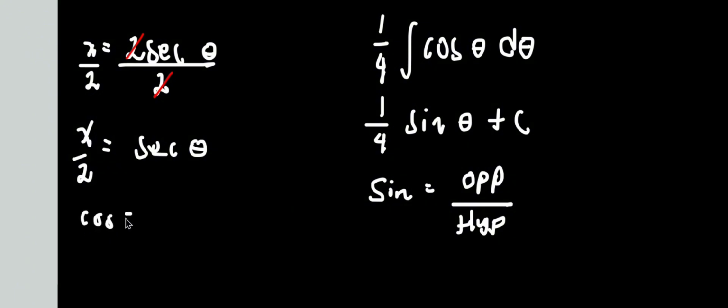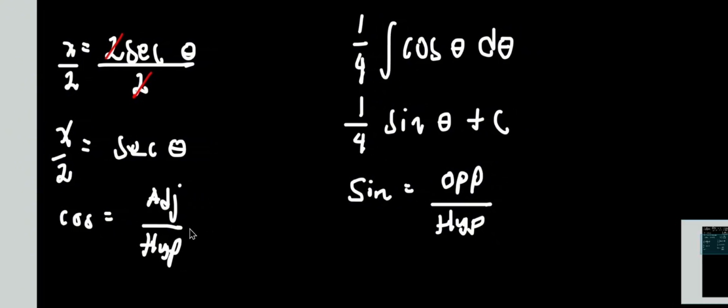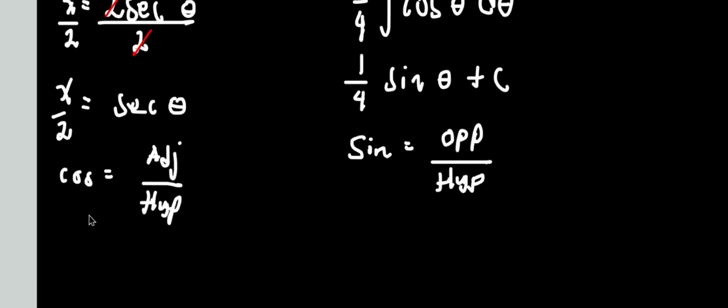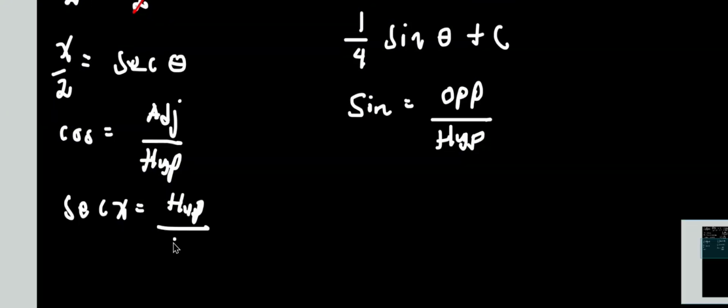So basically cosine is equal to adjacent over hypotenuse. But since nakasecant to, kukunin natin yung reciprocal identities. So basically secant theta is equal to hypotenuse over adjacent. Binaliktad mo lang ito.